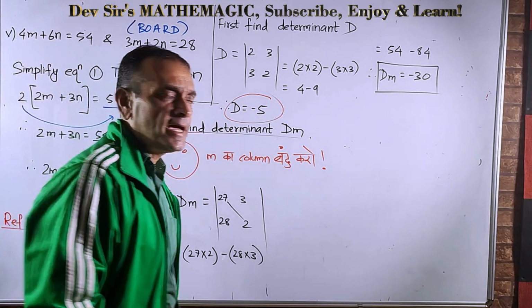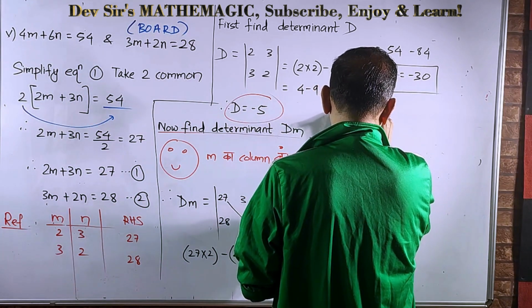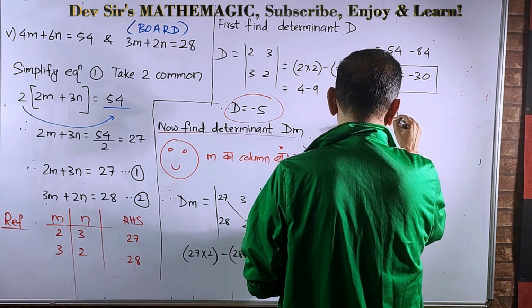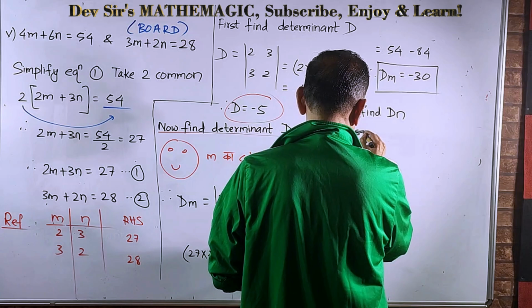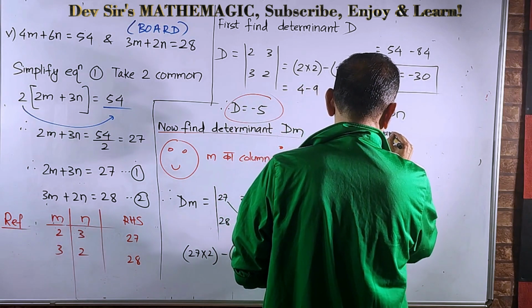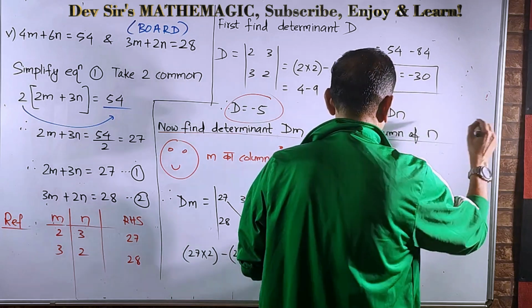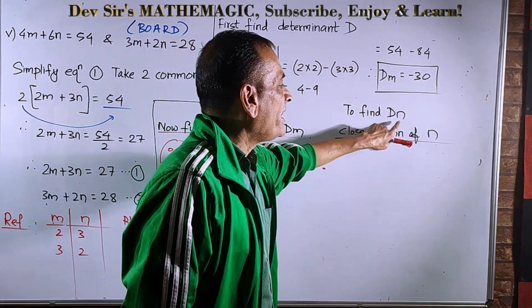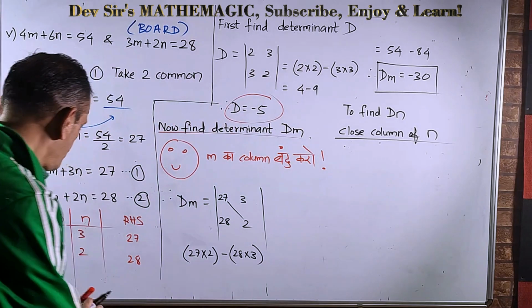Now let us find out Dn. Naturally, to find Dn, close the column of n, from our reference.